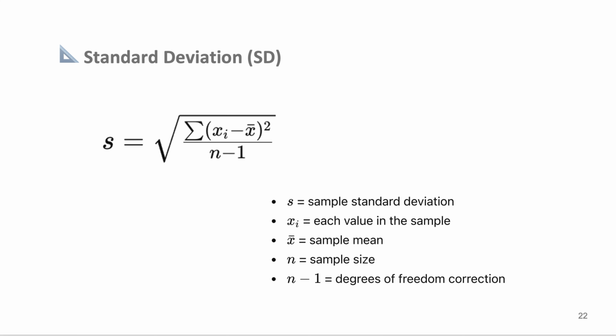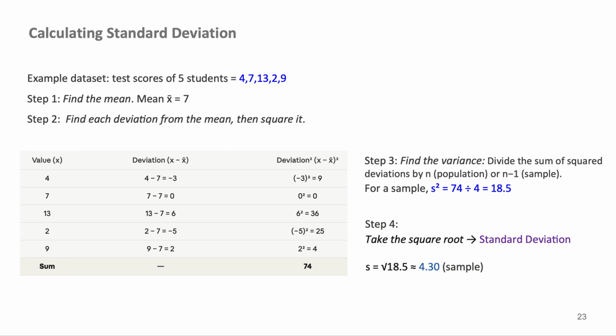We check how far each score is from the mean, square the differences, find the average of those, and then square root it. So, in this example, the standard deviation is around 4.3. That means the scores are usually about 4 points away from the mean on average.